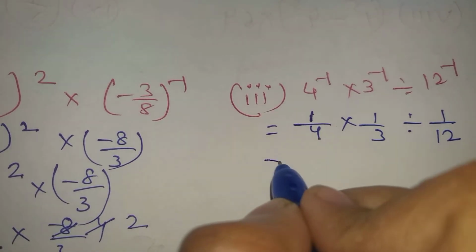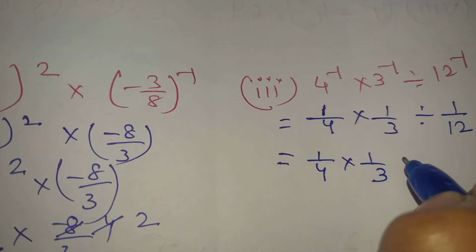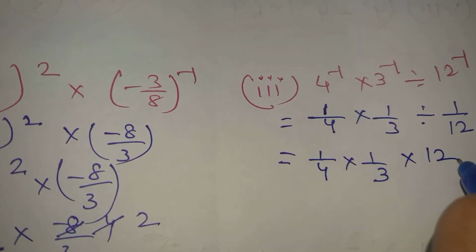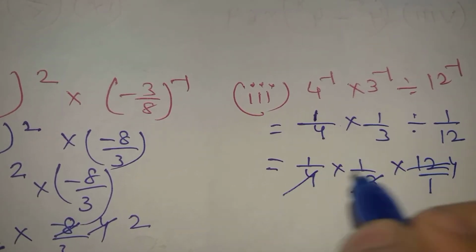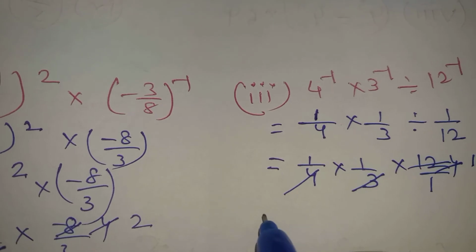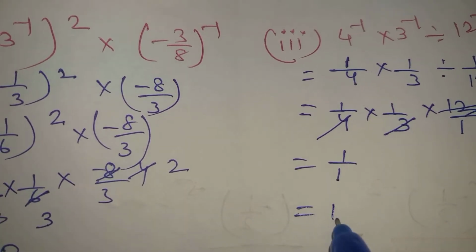Now at first we have to do the division by the reciprocal rule. Then 1 by 4 into 1 by 3 into 12 by 1. Now 3 fours are 12 and 4 ones are 4. It means we are getting 1 by 1. That means our result is 1.